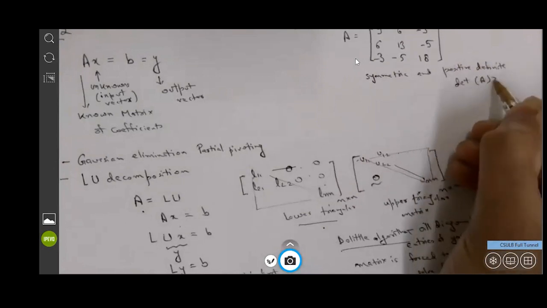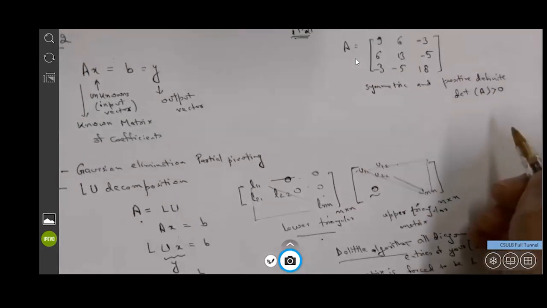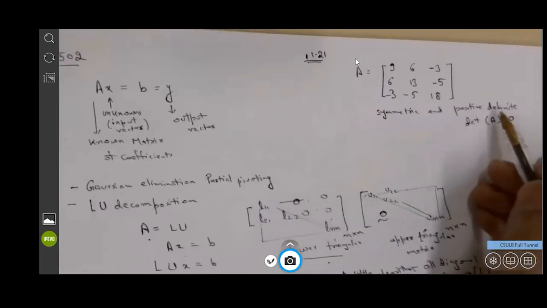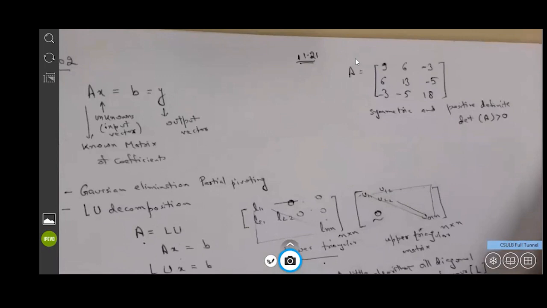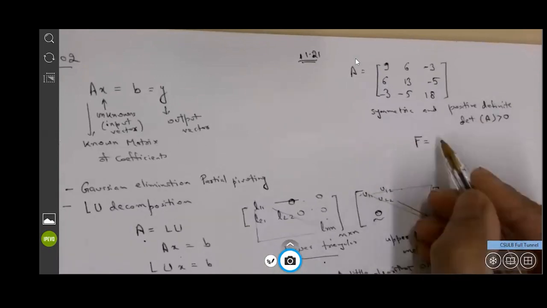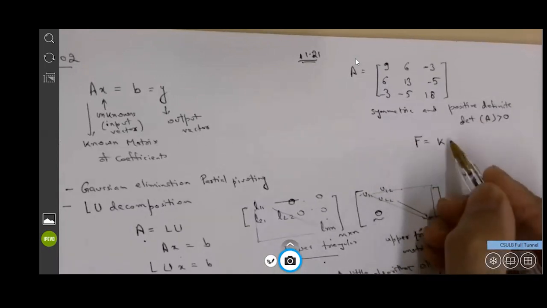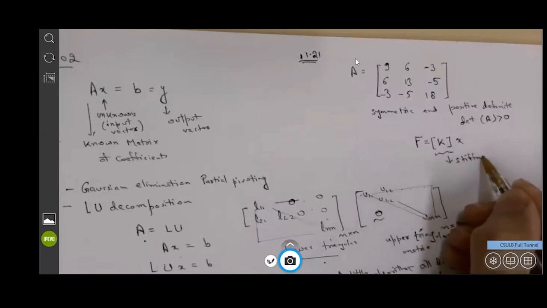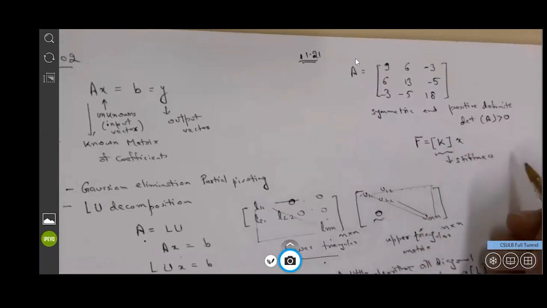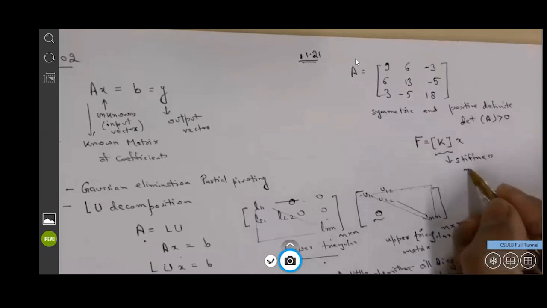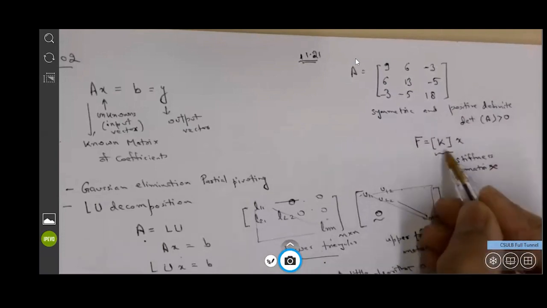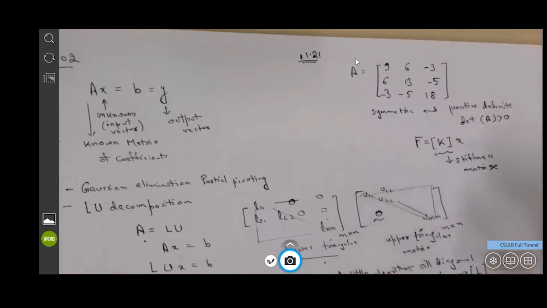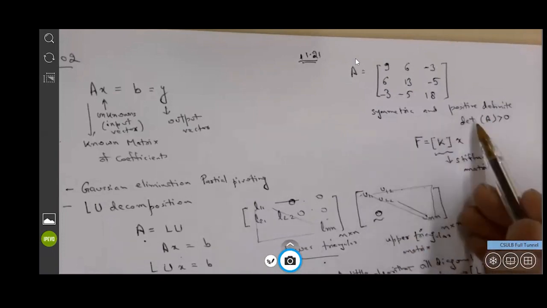We need this specific property because in many physical systems, like solving a finite element method, we are solving force equals K times X. This is a stiffness matrix, and a stiffness matrix by nature is symmetric and positive definite. There are many physical systems where the matrices you observe from physical properties have to be symmetric and positive definite.